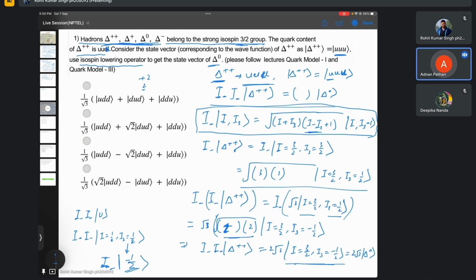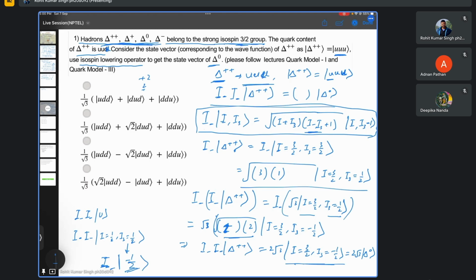We have to apply the lowering operator to all three U's, right? Yeah, I mean, one by one.